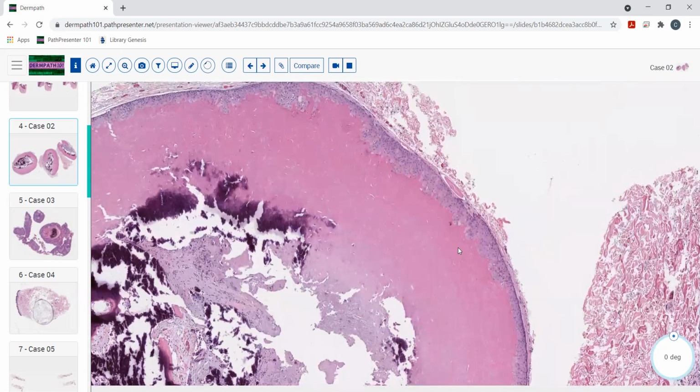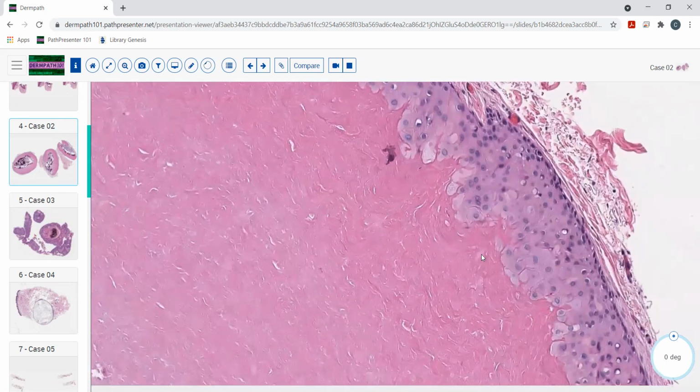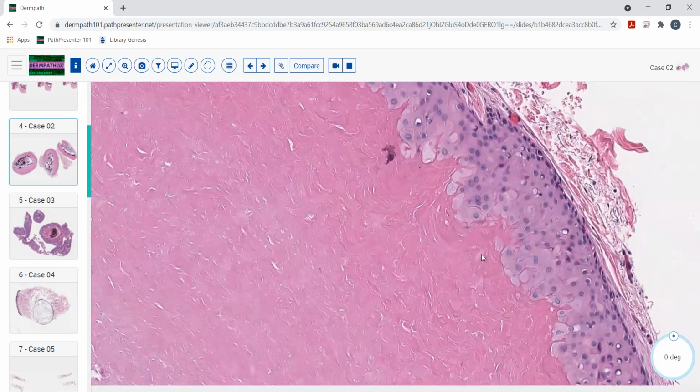So basically, we have the infundibulum cyst, infundibular cyst. This could also be called a trichilemmal cyst, or you can actually call this the isthmus catagen cyst, which is what Dr. Ackerman named this, because he said, well, if you look at the catagen stage of a hair follicle, basically the inferior portion of the follicle starts to crumble up.